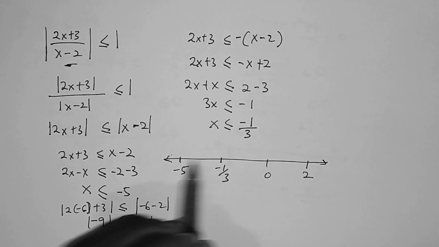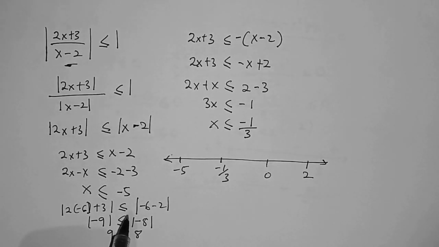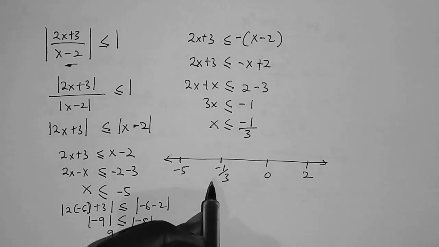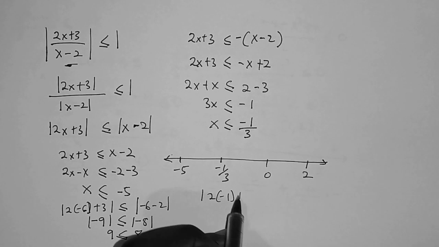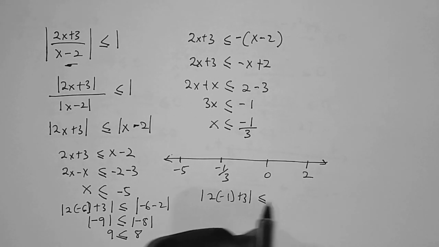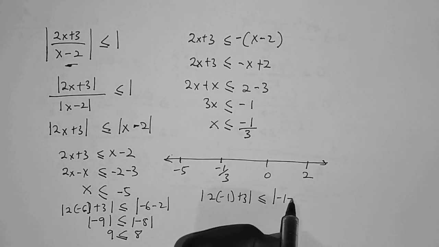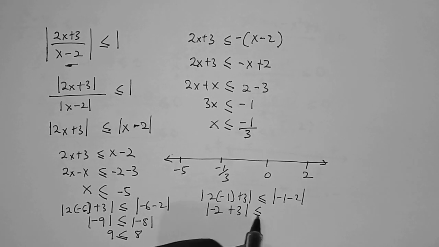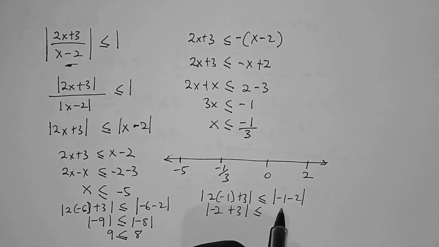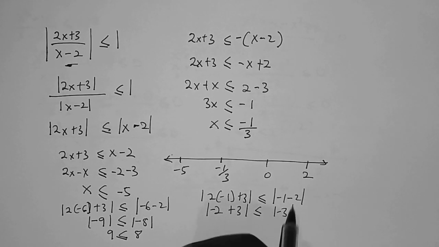Let's take a value between minus 5 and minus 1 over 3. For example, minus 1. So it becomes absolute value of 2 times minus 1 plus 3 less than or equal to absolute value of minus 1 minus 2. 2 times minus 1 is minus 2, plus 3, then less than or equal to absolute value of minus 1 minus 2, which is minus 3.